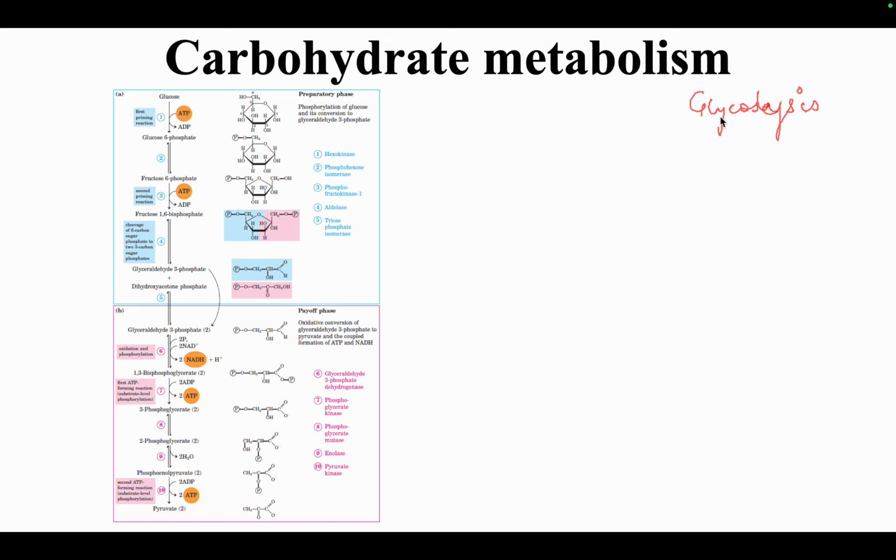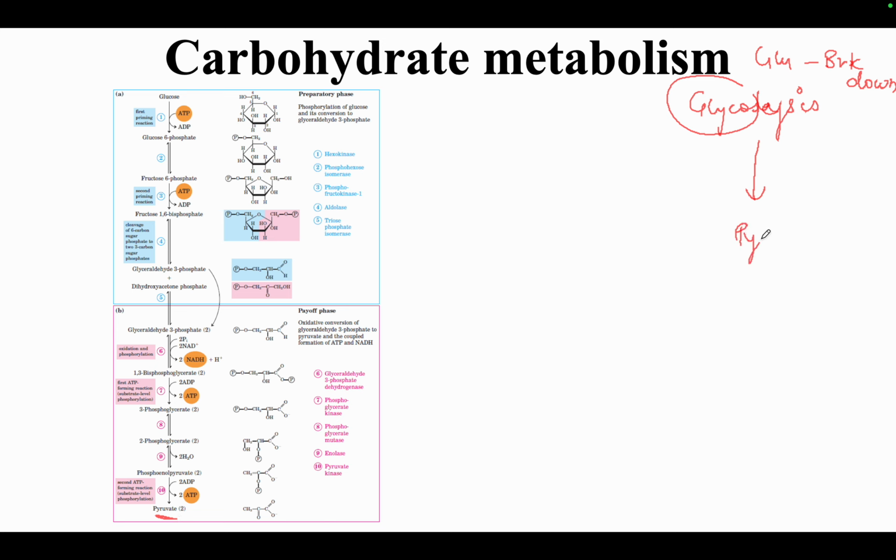As the name suggests, glyco is glucose, and glucose is broken down to give us energy. This is the glycolysis pathway. At the end of glycolysis, we get pyruvate as the product.